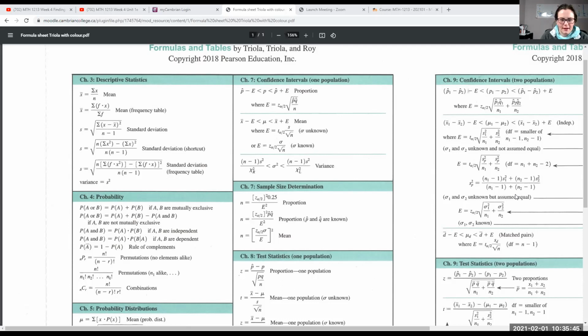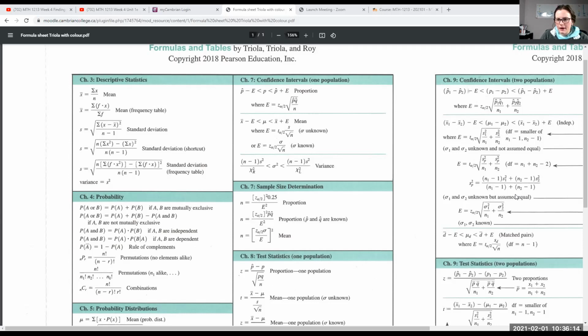I'm just going to resize this so I can have Excel here. Okay, so we know what our midpoints are and we know what our frequencies are. Therefore, we can calculate the mean of this frequency distribution table.